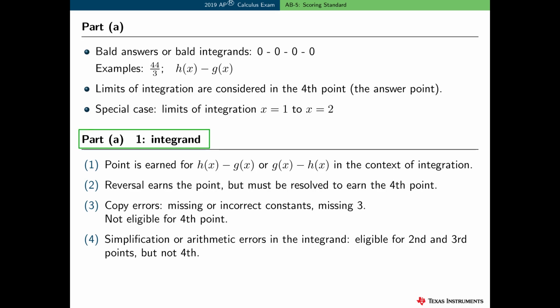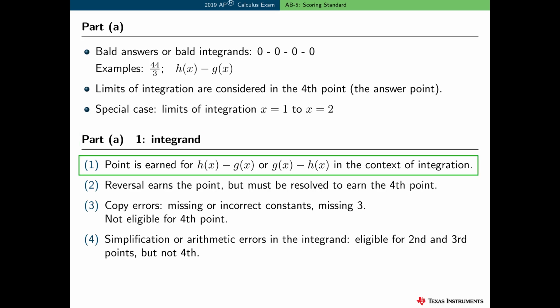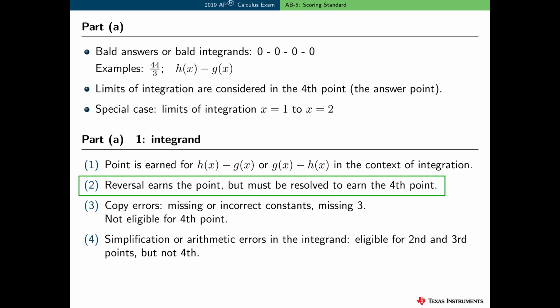The first point in Part A was for the correct integrand, and this point was earned for writing h of x minus g of x, or g of x minus h of x in the context of integration. Remember that a reversal in the integrand earns the first point, but it must be resolved to earn the answer point.